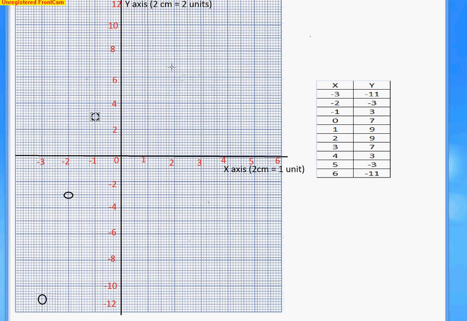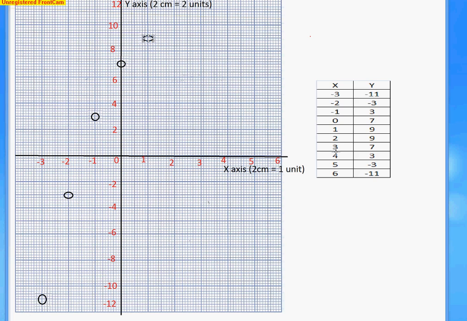And 0 corresponds to 7. So this is 6, this is 8, so the middle here is 7. So 7 is going to be this point right there. Let's increase it a bit so you can see it clearly. Yeah, that is it. And then when x is equal to 1, we have y equal to 9, so that should be this point right here.